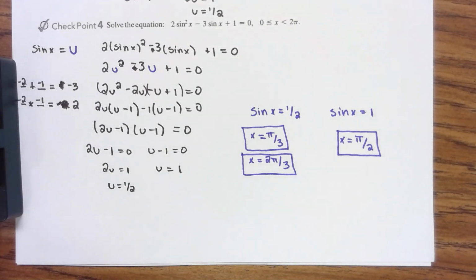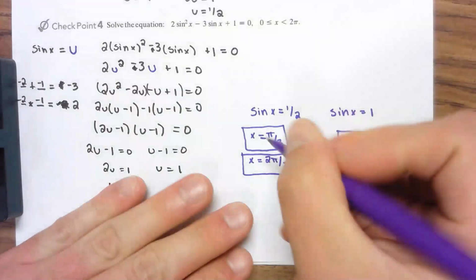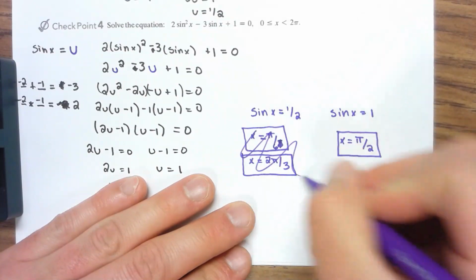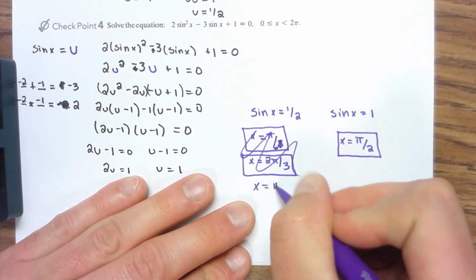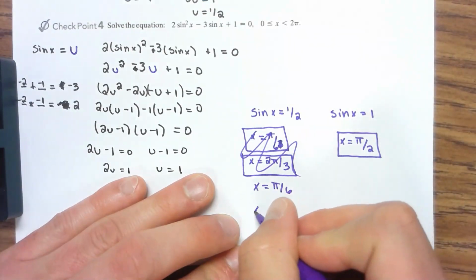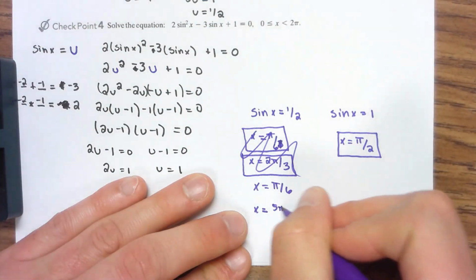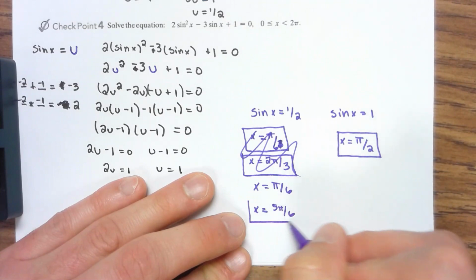The pi over 3. Oh, it's pi over 6. Yeah, let's just write them again. x equals pi over 6. And then x equals 5 pi over 6. Okay. Thank you.